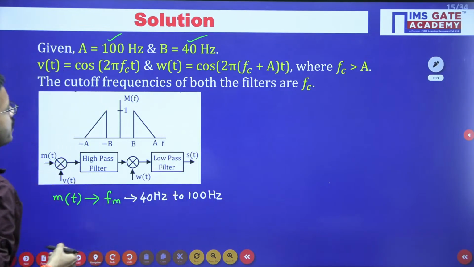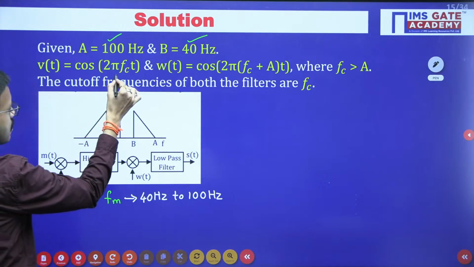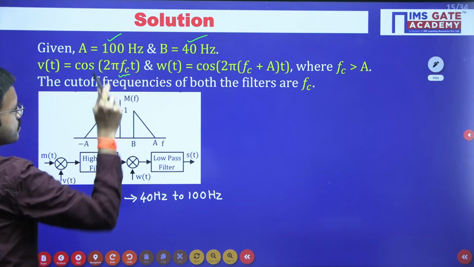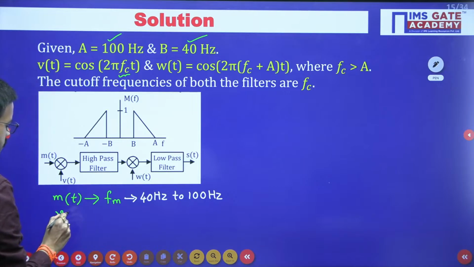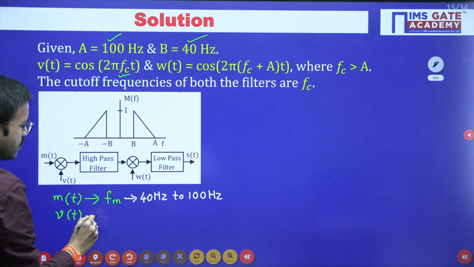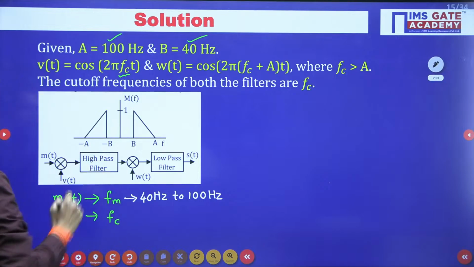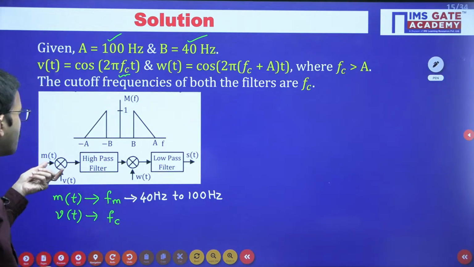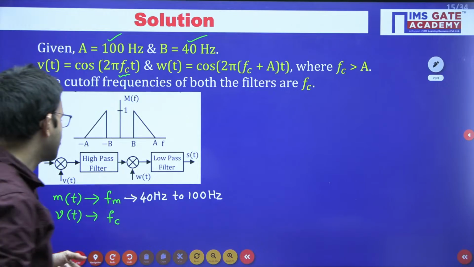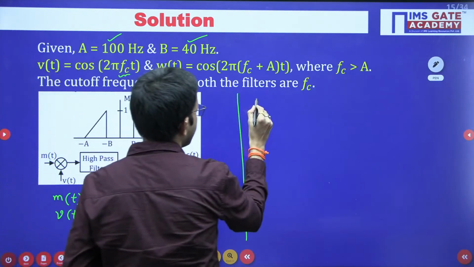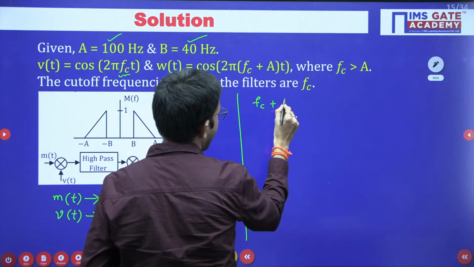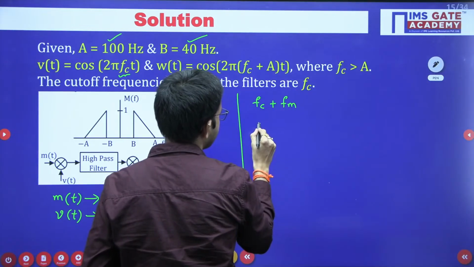Next, regarding the carrier signal v of t, we have the carrier frequency Fc. Now the multiplier will produce two frequencies, as you all know: Fc plus Fm and Fc minus Fm.